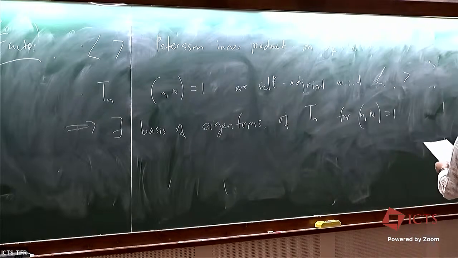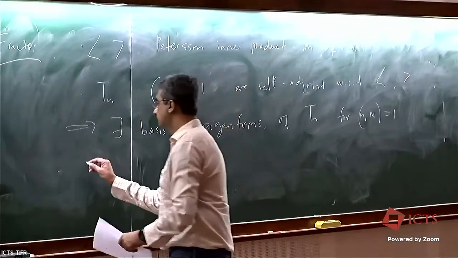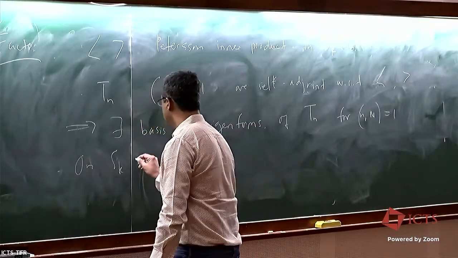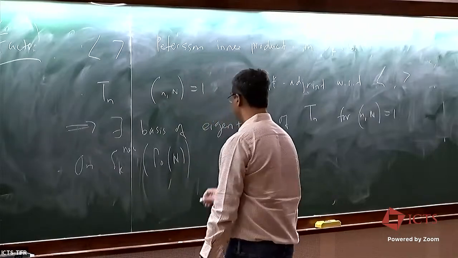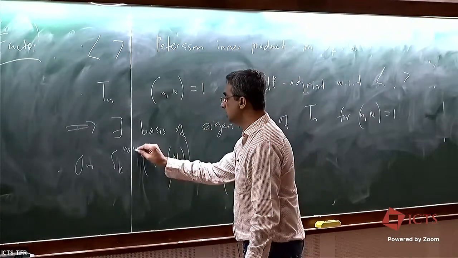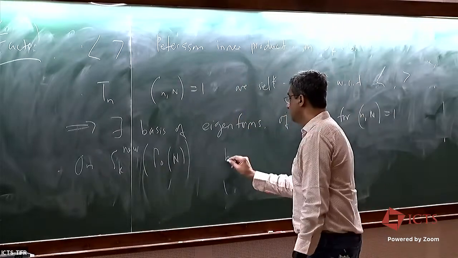Okay, what else do I want to say? So, okay, maybe I'll write that. On Sk new, gamma naught N, let's be a bit careful. Maybe there's some issues with gamma 1. I haven't thought about it carefully. On Sk gamma naught N, there's a basis of eigenforms.